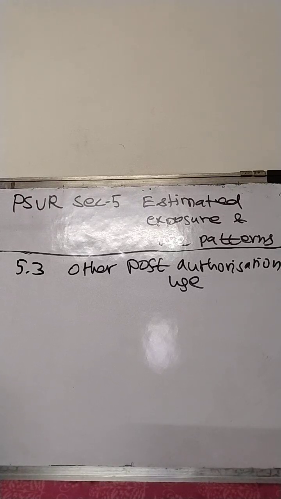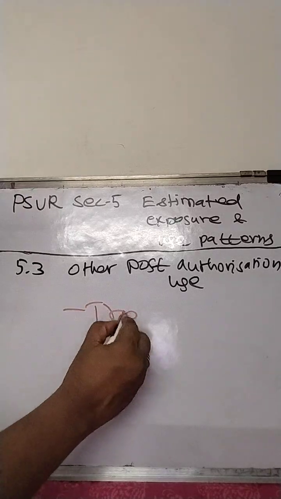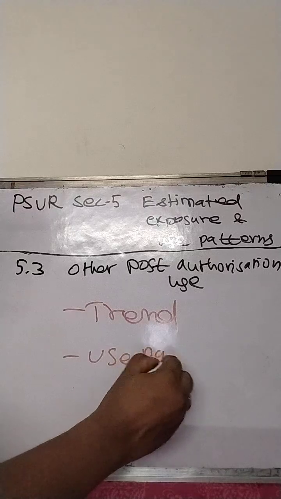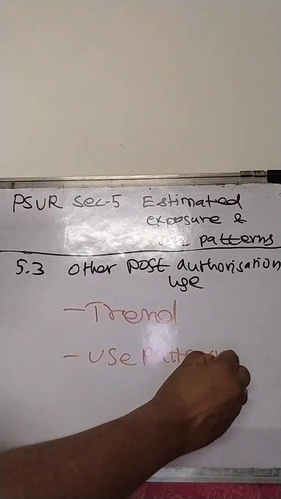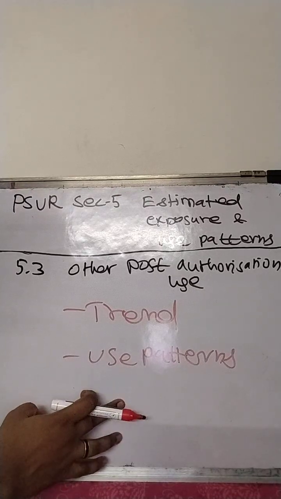So in this section, just keep in mind: overdose, trend analysis and use patterns. Any trend you have observed, or any use patterns, need to be checked in this section. That could be abuse, misuse, anything.